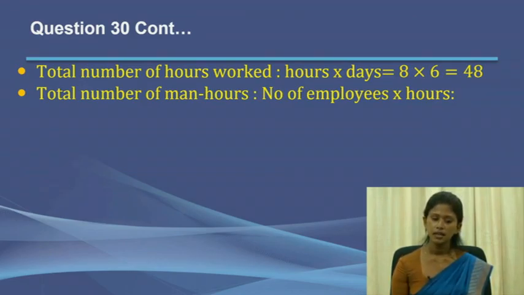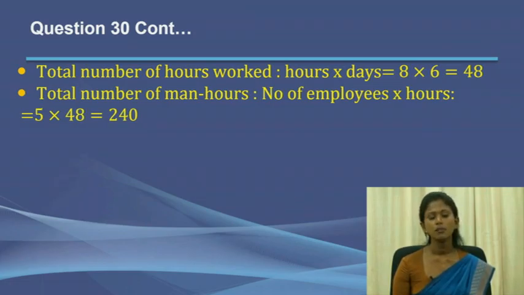If we are given the number of employees and also the hours, we can find the man hours. Since we have calculated the number of hours in the first part, we can substitute it here. So total number of man hours is equal to 5 multiplied by 48, which is 240.